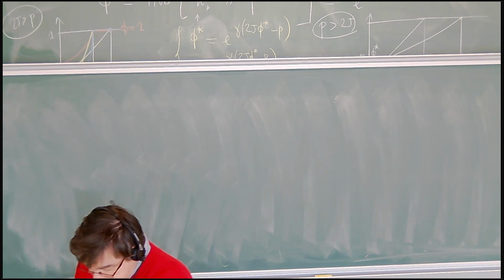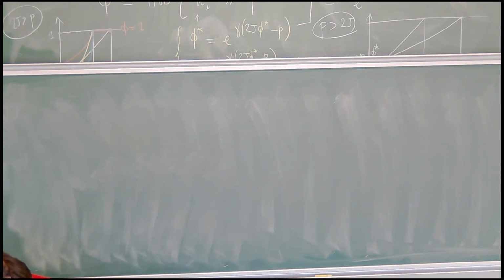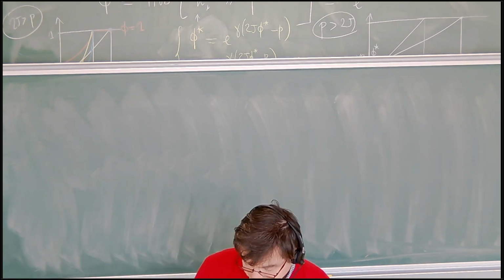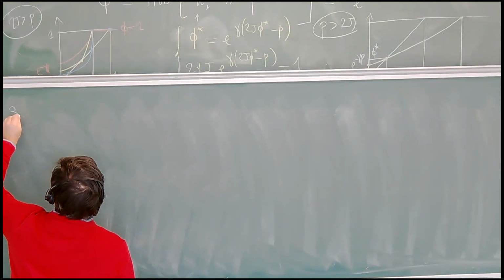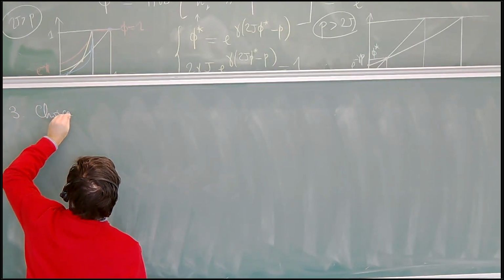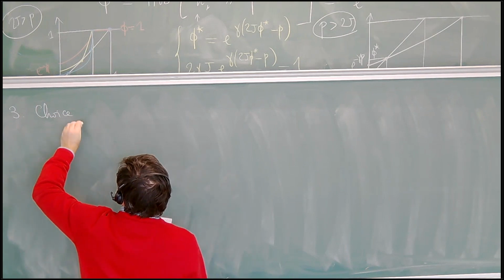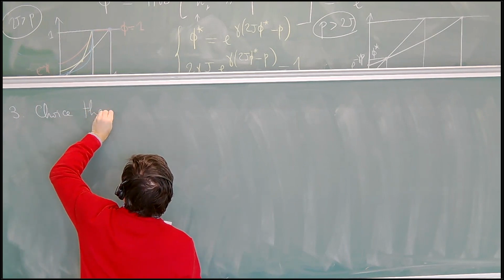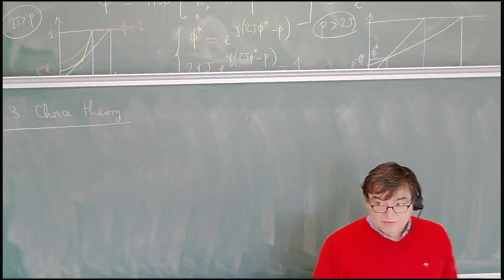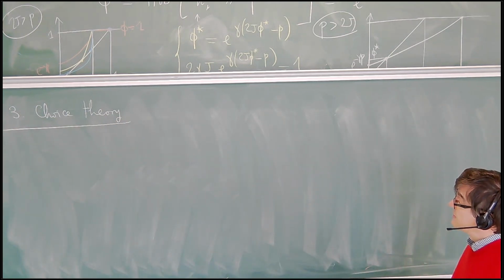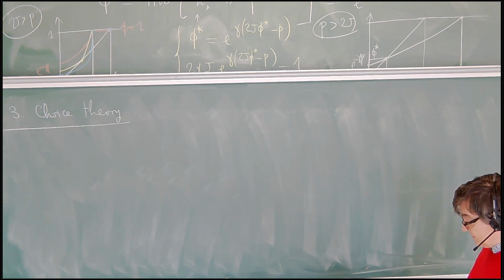Okay, now I want to introduce you to a different set of ideas. So I'm going to call here, in a shorter title, choice theory. This is a very large part of the literature in economics or in social sciences: how do people choose between different options?